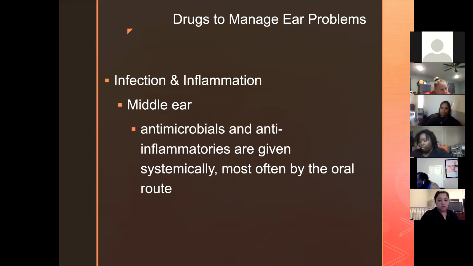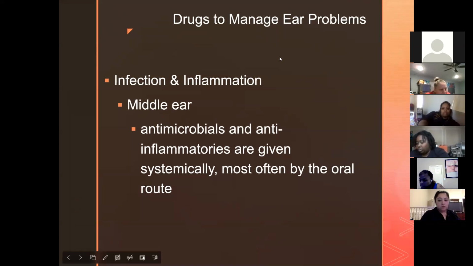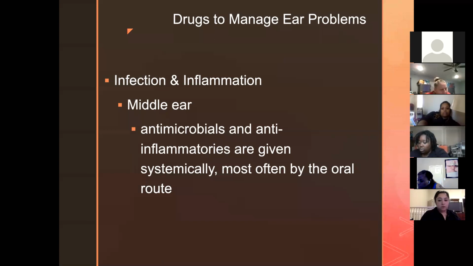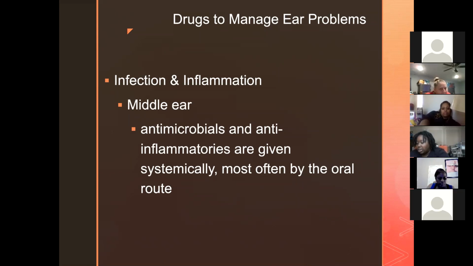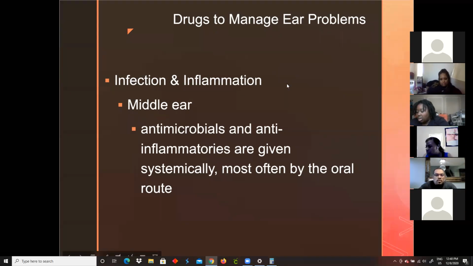They're usually given systemically. For anti-inflammatories, we're usually taking ibuprofen. That usually helps with middle ear pain. And they're usually going to give something like amoxicillin if you're having a middle ear infection.